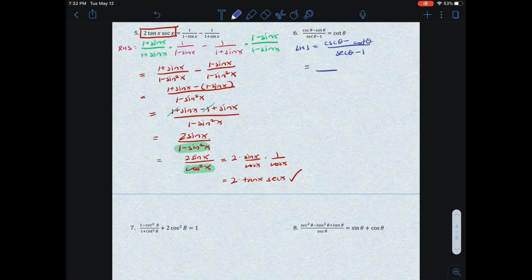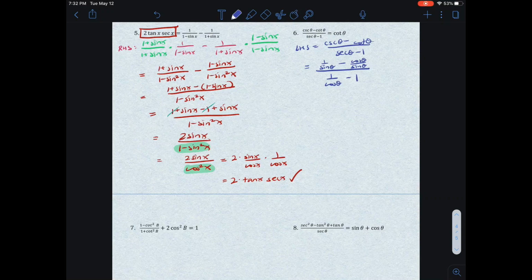So if I do that, let me write this giant fraction. So cosecant of theta is just 1 over sine of theta minus cotangent of theta is really just cosine of theta over sine of theta. On the bottom, I can write secant of theta as 1 over cosine of theta, and then the minus 1 just stays the same.